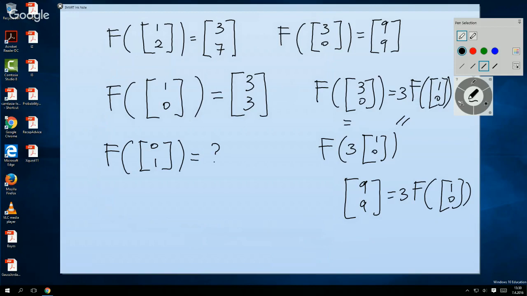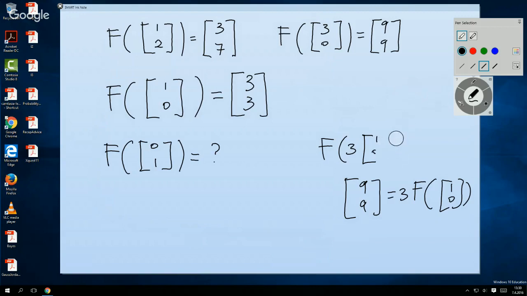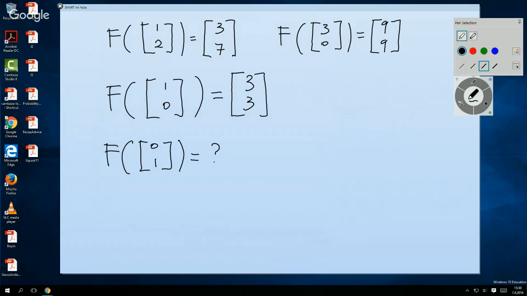And now I'm afraid I need to make a little bit of space, so I will remove this part here. Now, how do I find f of (0, 1)? I know what f of (1, 0) is, and I know that f of (1, 2) is (3, 7).